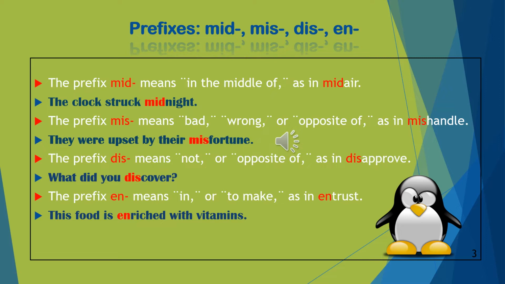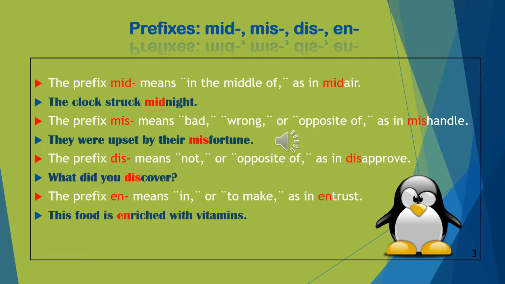Midnight. The base word is night, and we have the prefix mid, so the result is going to be midnight. The next one is the prefix mis, which means bad, wrong, or opposite of, as in mishandle.